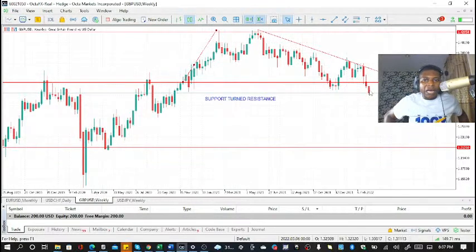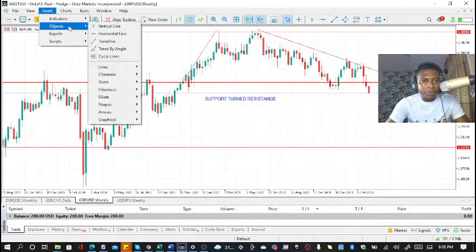Now, an interesting thing that might happen ahead for us to make an intelligent decision, either to short this market, is number one, after a breakout from a support level, there are 60% chances that the price would go back to test that region. So here is what I mean.